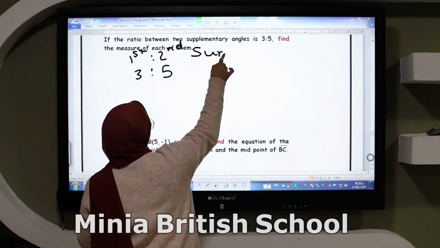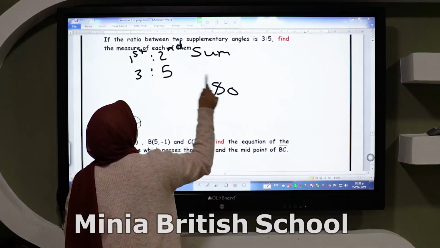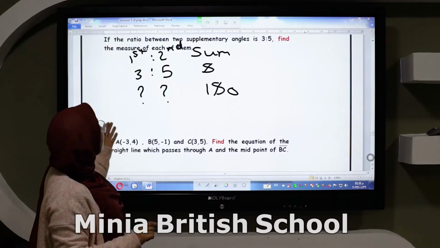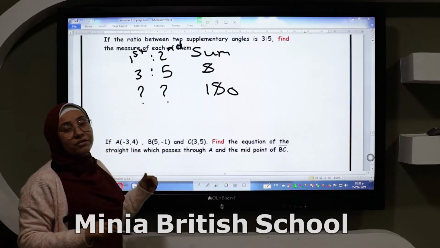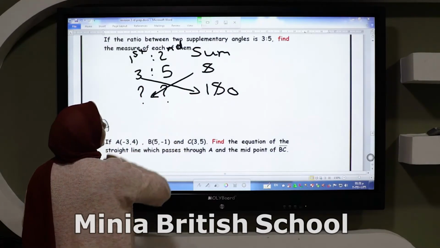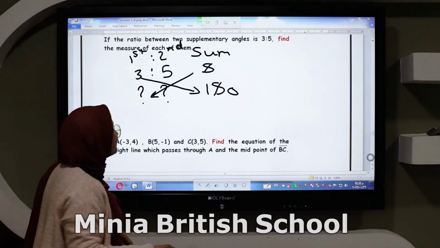Their sum equals 180 and the sum of the ratios equals 8. Then you can find the value of the first angle and second angle by using cross multiplication. Clear?